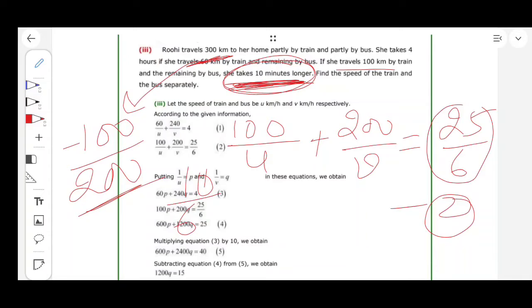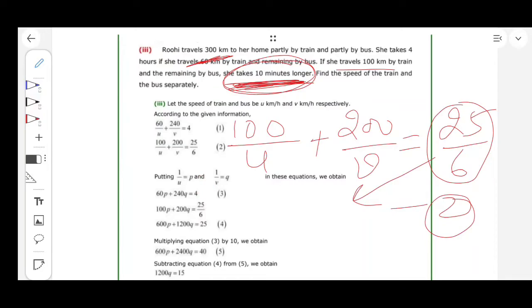Hope you got this. Again I am explaining how we got the time. In this condition she takes 10 minutes more. This is hours and this is minutes, so we convert it into hours. We get 4 plus 1 upon 6.